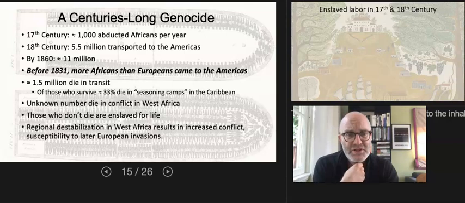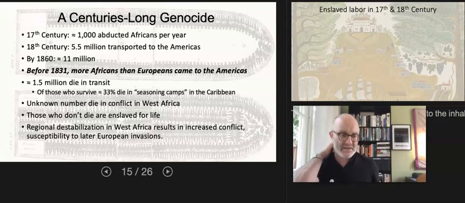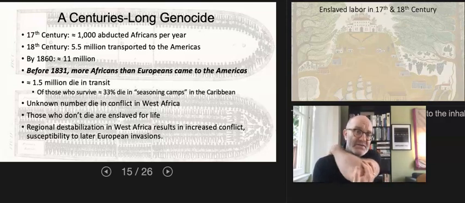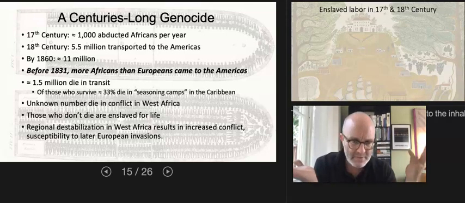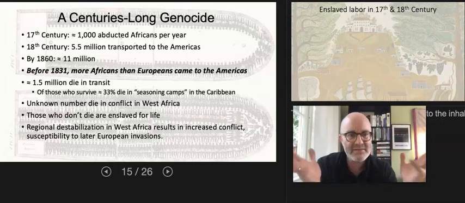The destabilization of the region lasts for generations and generations, and it really sets up the next phase of European contact with Africa, which is the wholesale colonization of the continent of Africa. West Africa is very easily colonized because its social structures, its culture, its traditional alliances are all torn asunder, right?